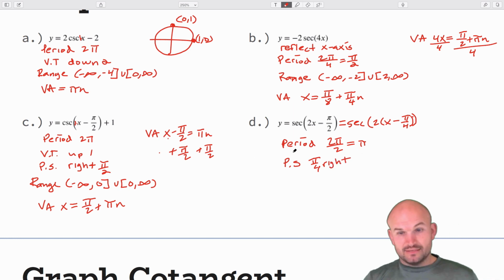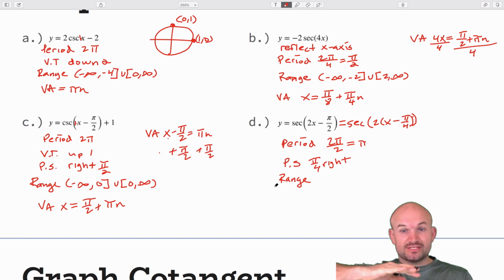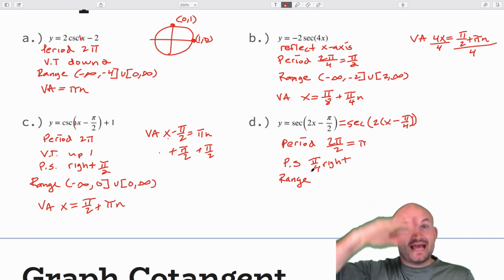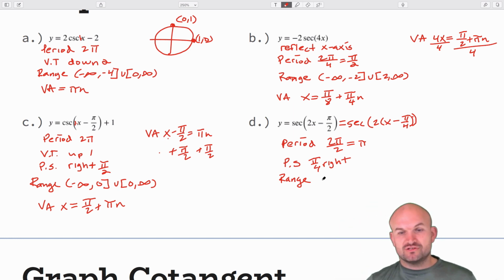And that's it. As for the range, the graph is not being stretched, compressed, or shifted up or down, so the range is just the mirrored image of cosine. Cosine is from -1 to 1, and nothing vertically happened, so the range is from -infinity to -1, union 1 to infinity.